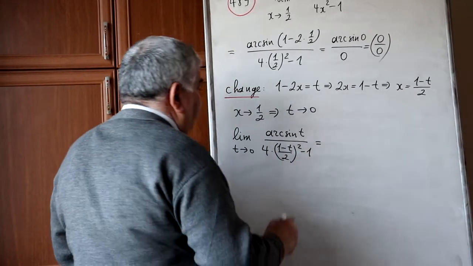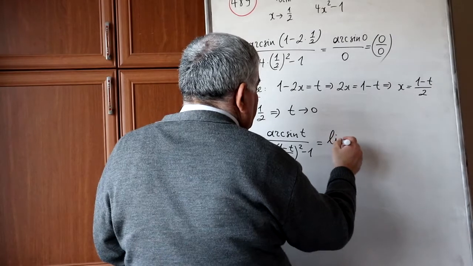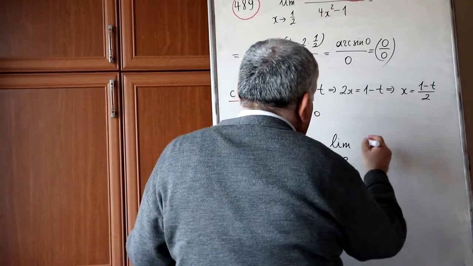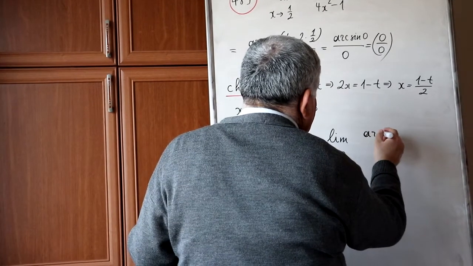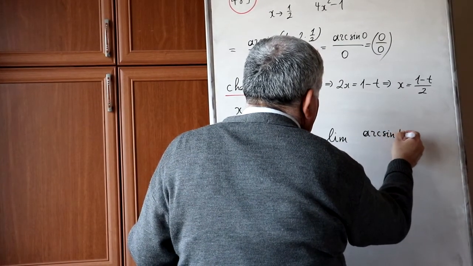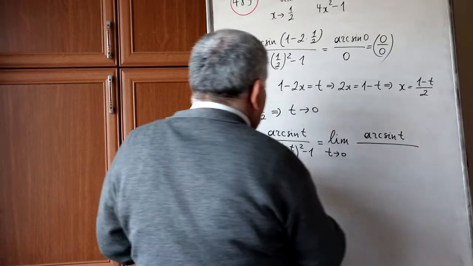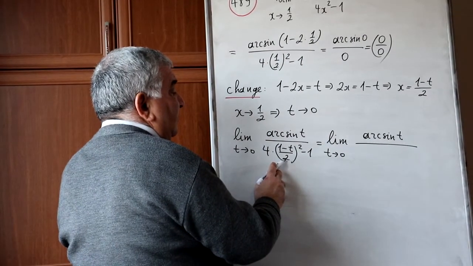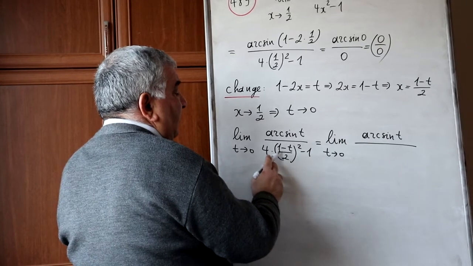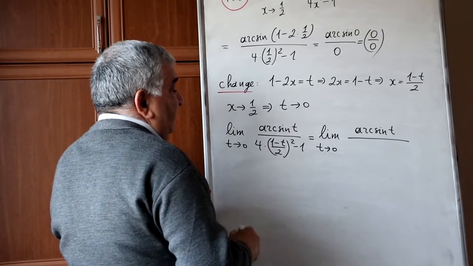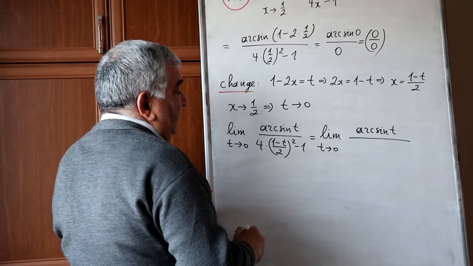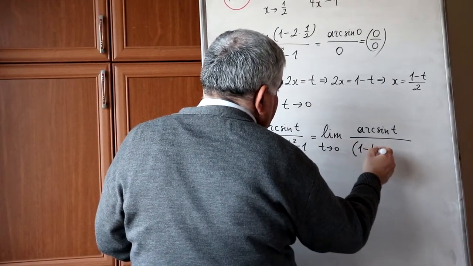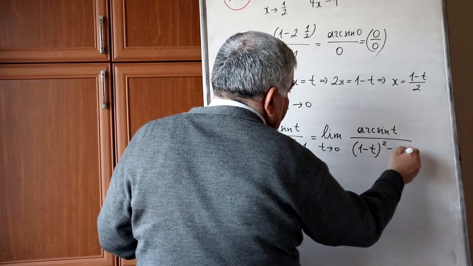Then limit when t tends to 0, arcsine t divided by the denominator: the square of the half is 4, and 4 multiplied by 1/4 can be simplified, and therefore we will have only (1 minus t) squared minus 1.